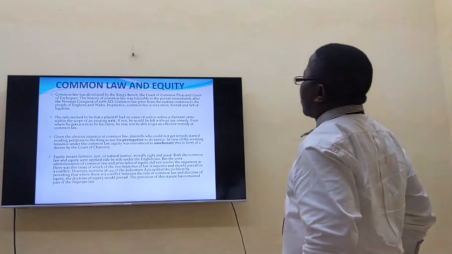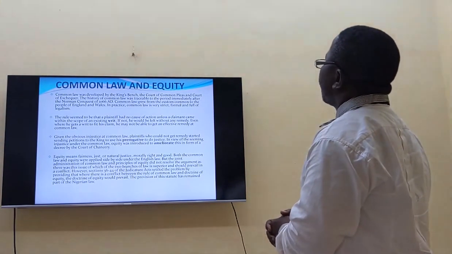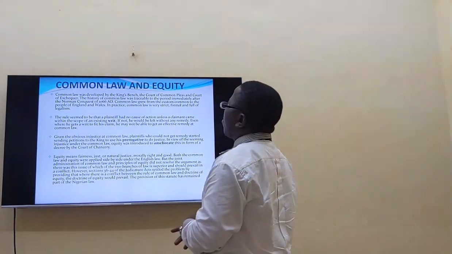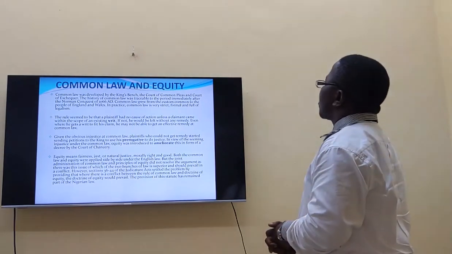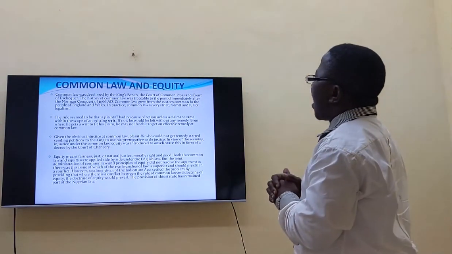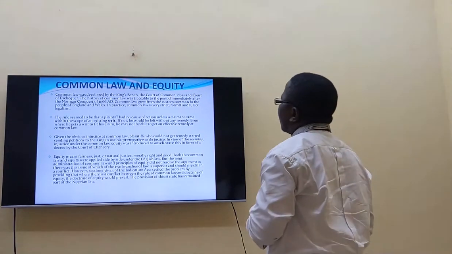Common law and equity. Common law was developed by the King's Bench, the Court of Common Pleas, and the Court of Exchequer. The history of common law is traceable to the period immediately after the Norman conquest of 1066 AD.